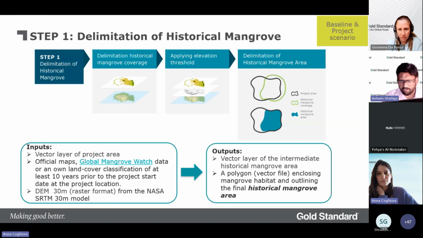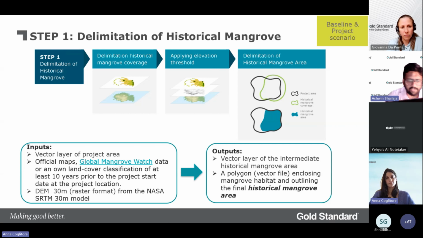For instance, there are certain dates which are defined in the methodology, like the reference date, which is 10 years prior to the start of the project date, which is set aside as a date at which it has to be proved that the area is eligible or cannot be defined as a forest area as per the host country's definition to UNFCCC.